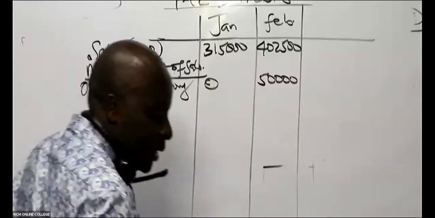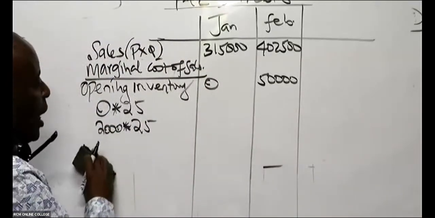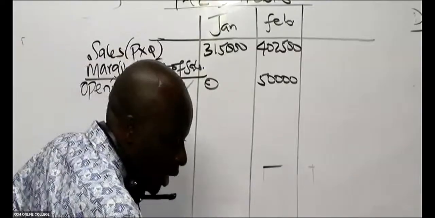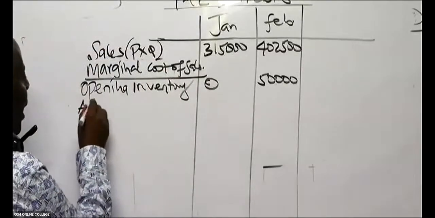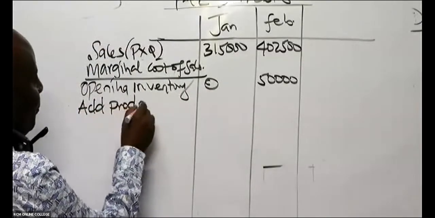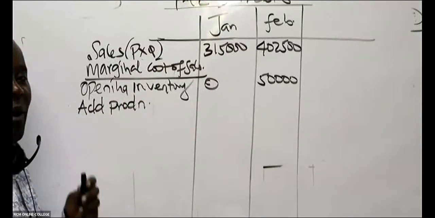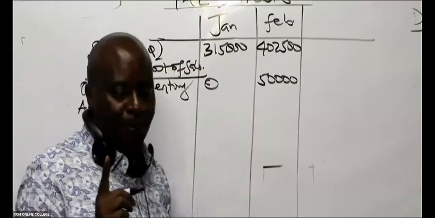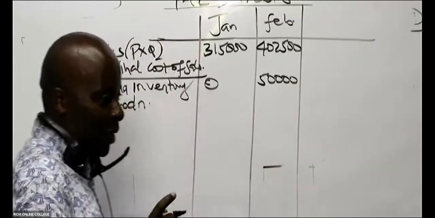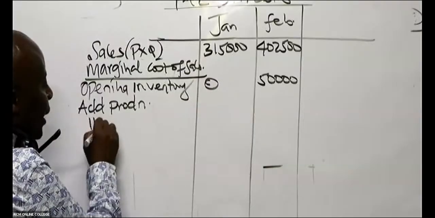And then, ladies and gentlemen, apart from opening inventory, right here, opening inventory, we shall be able to come and say, add what here, production? Add production, isn't it? So we add the production. So production, how many units were produced in January? 11,000. In January, we had 11,000.